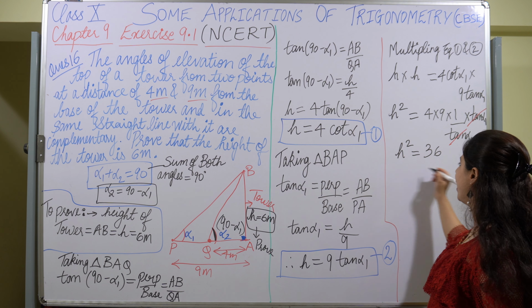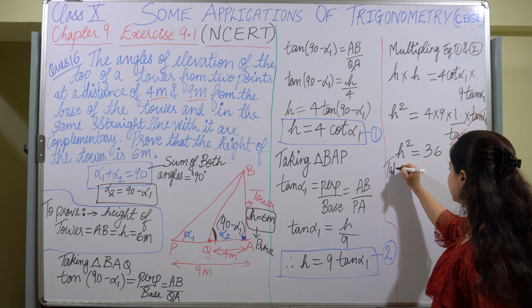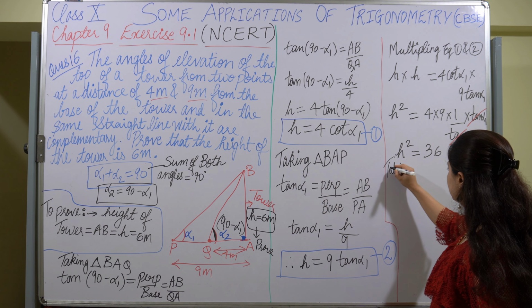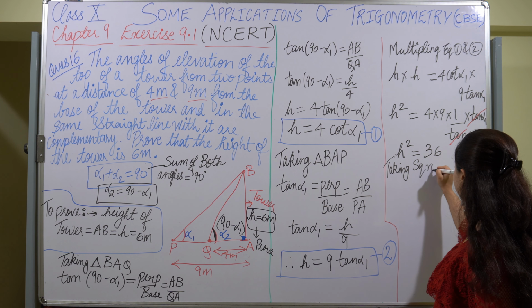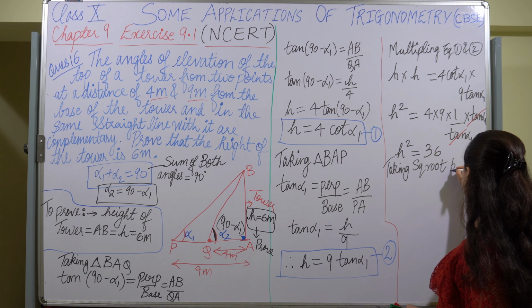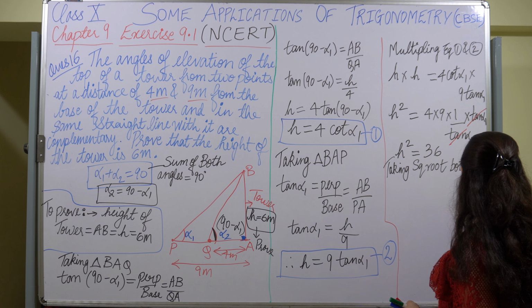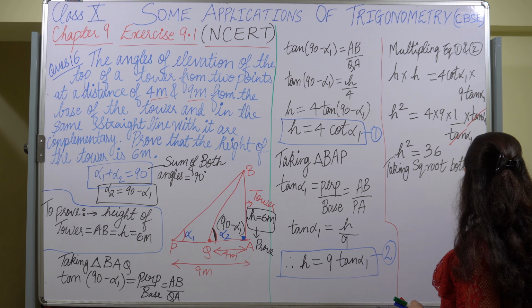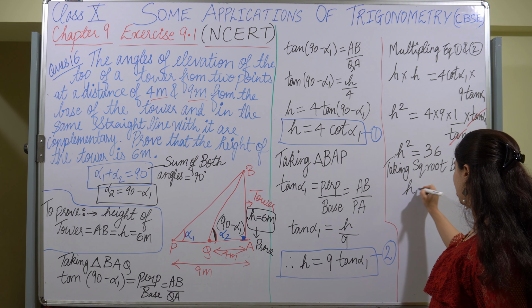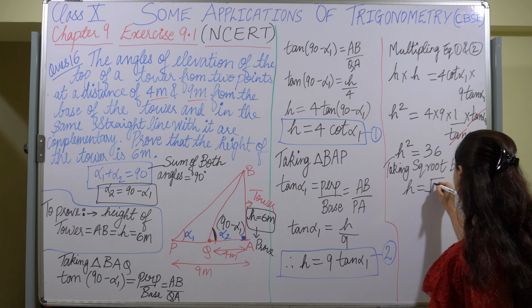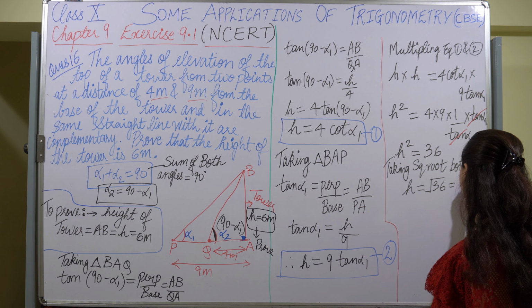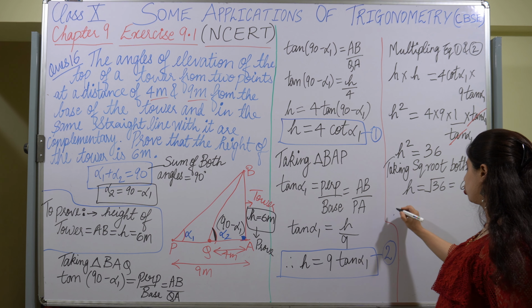Taking the square root on both sides, we get H equal to under root 36, which is equal to 6 meters.